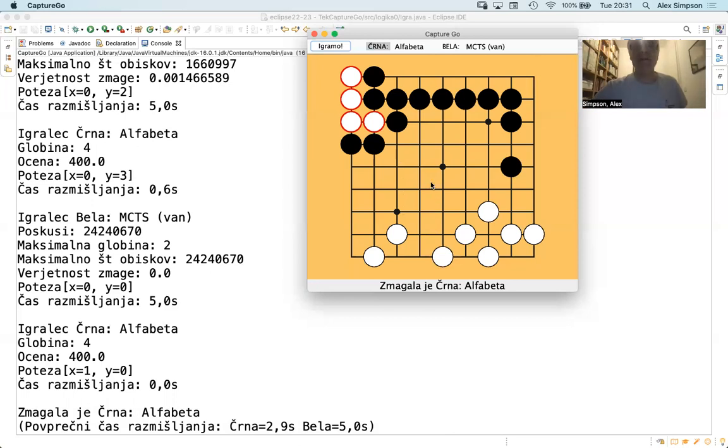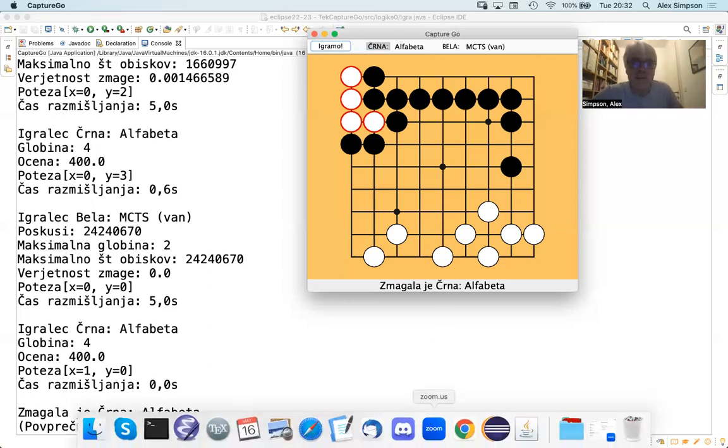And moreover, this 9x9 board has such a large search space that in the 5 seconds, with the number of runs that my Monte Carlo Tree Search is getting, it's not really getting time to find anything approximating the best move.